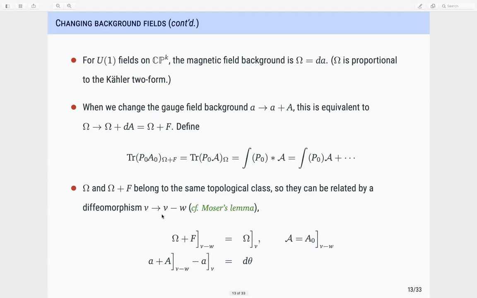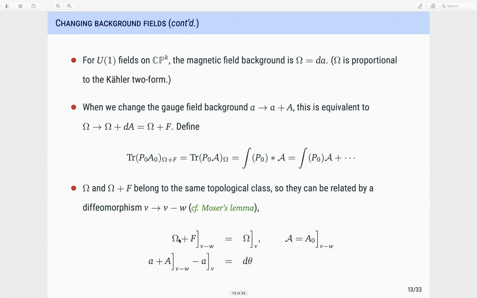It involves a change of coordinates like so, v goes to v minus w. And of course, when that happens, you have to change a naught, because a naught is now evaluated as v minus w, and that's your script A. Okay, so the idea is find a diffeomorphism w such that omega plus f maps to omega, and then use the diffeomorphism to calculate script A.